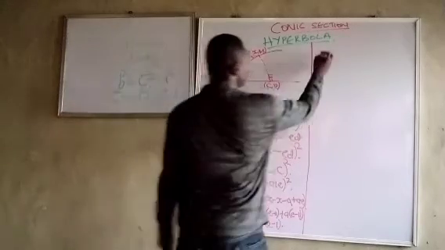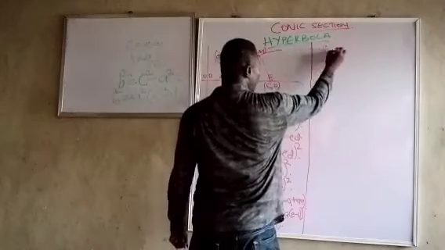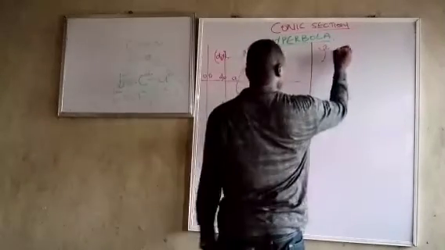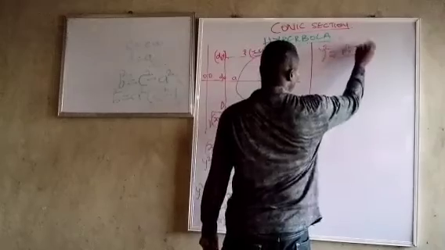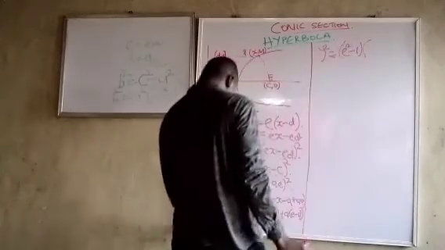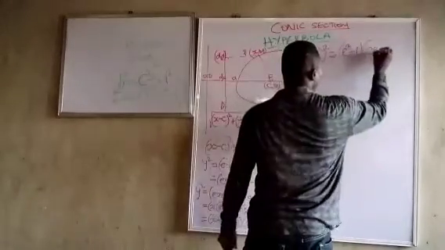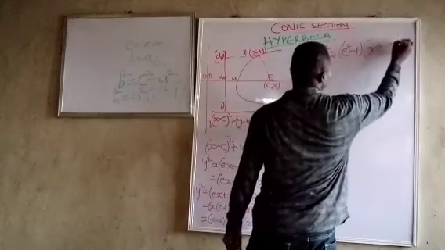So we are going to have y squared equals (e squared minus 1) times (x squared minus a squared).